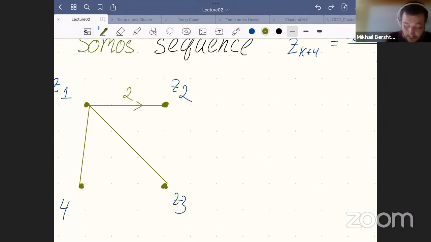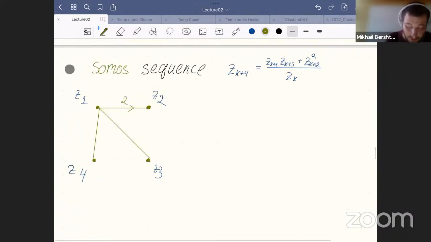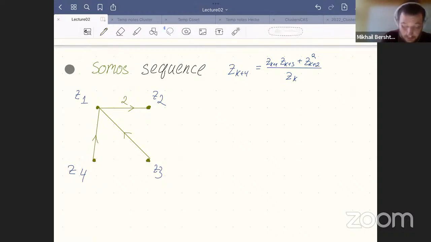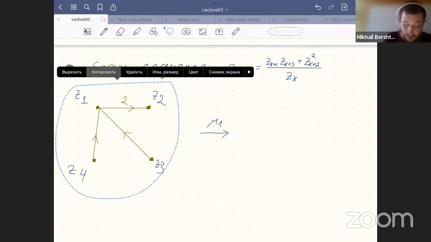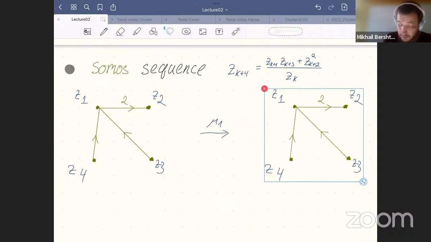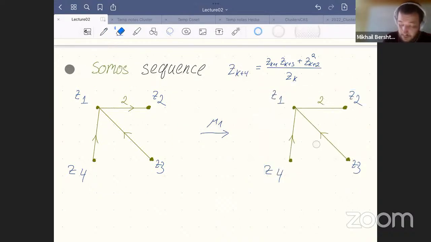I'm trying to check whether the Somos sequence can be viewed as a particular case of cluster mutation. We saw that for the Fibonacci sequence, so it's natural to ask also here. If it is so, then the quiver should look like this, and we take the mutation at vertex 1. What then do we get? We should reverse all orientations here. This we know for sure.